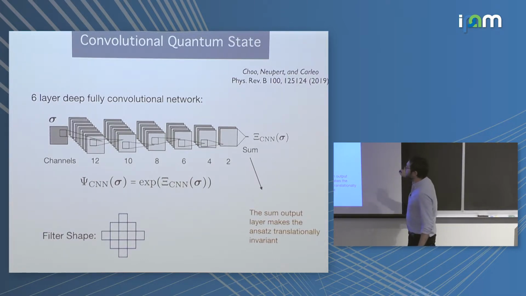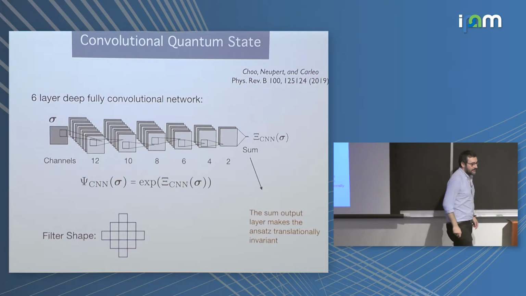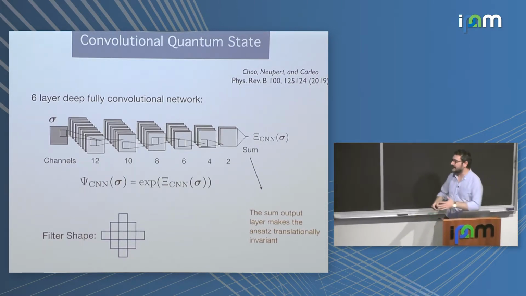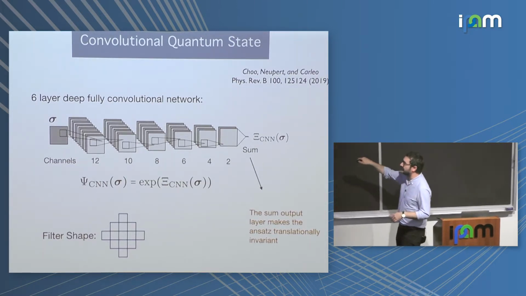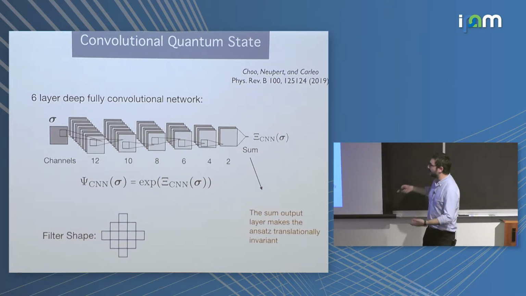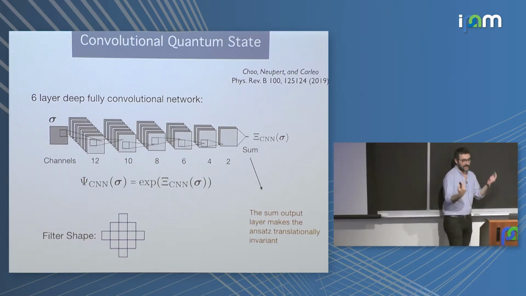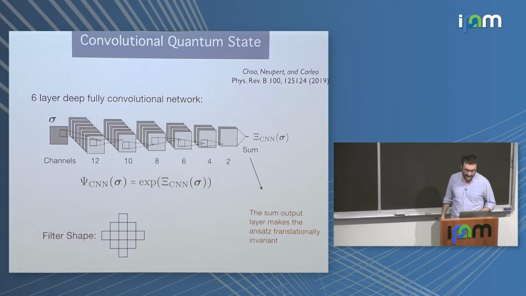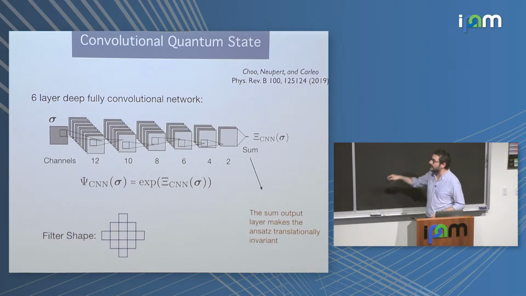The interesting thing is that you can make these ansatzes immediately translationally invariant, because you take these filters to impose translational invariance, so you can automatically, for example, study systems with periodic boundary conditions, and you have a nice set of properties that come along with this convnet structure.